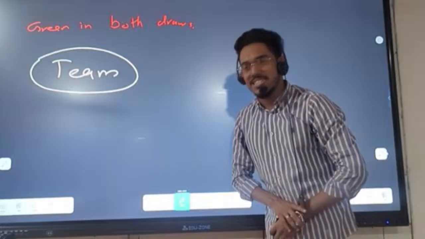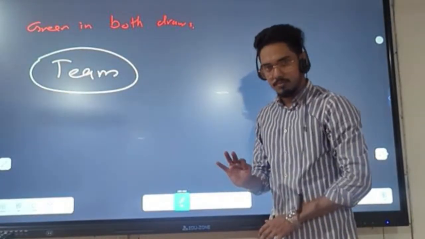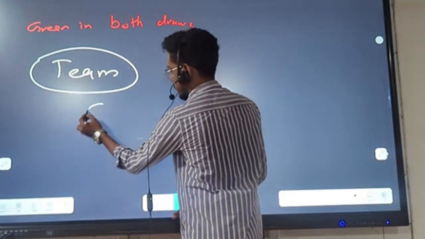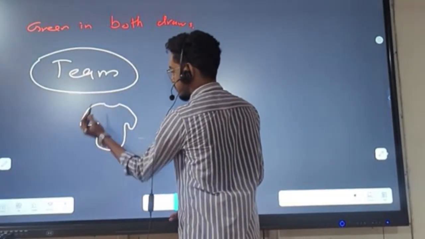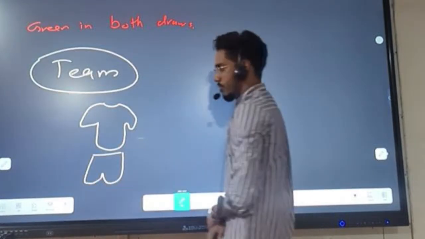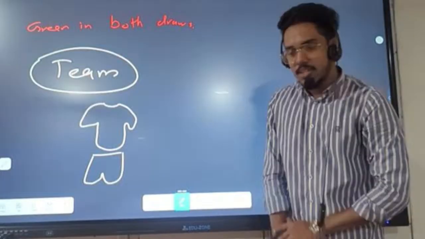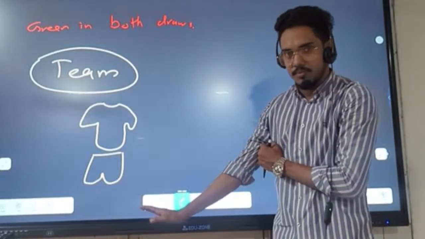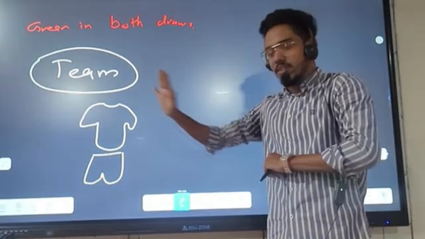So your coach says, your color code is black and white. You have two dresses, a t-shirt and a short. Now your dress code is going to be black, white.